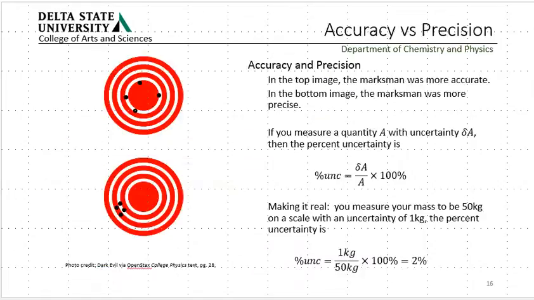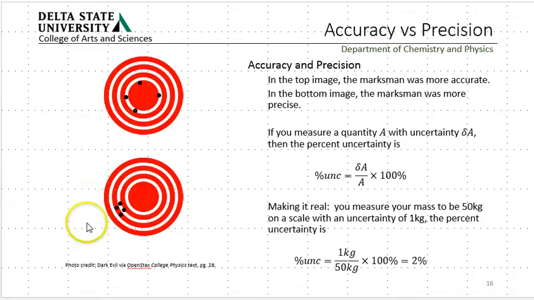Now, a little bit of difference between accuracy and precision. If you look at this versus this, the marksman in the top target was more accurate, in that the average position of all of these shots is closer to the middle of the bullseye. This marksman was more precise.